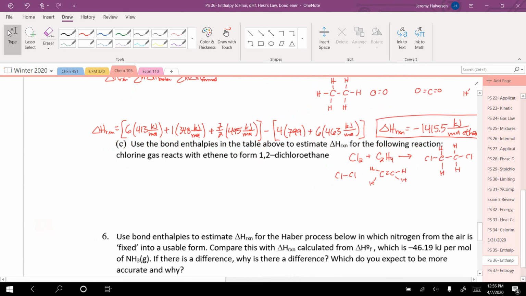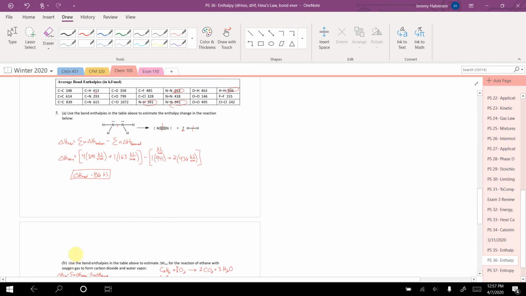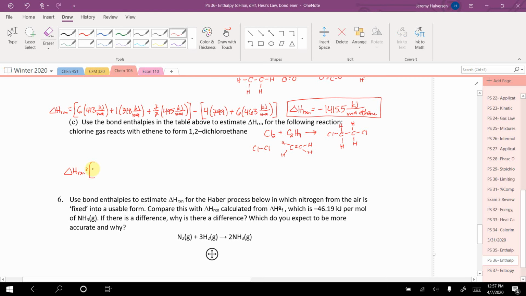So we're doing the same thing, broken minus formed. So delta H of this reaction, what's breaking? We've got a Cl-Cl bond, which is 242. Is it balanced? Yeah, it's balanced.